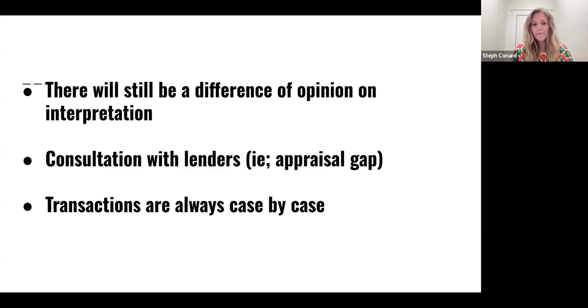Another warning in terms of the usage of these: you'll want to consult with the buyer's other parties, their lenders, for example. If you're going to use the appraisal gap, we need to check with the lender to make sure that the buyer has the funds to cover an appraisal gap. And again, a reminder, transactions are always case by case.